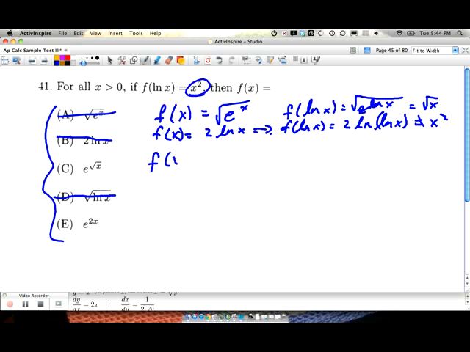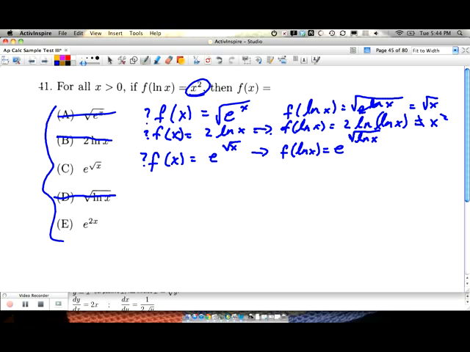So first we check c. We have f of x equals, first of all, these are questions. We don't know. We're checking. If f of x equals e to the square root of x, then f of natural log of x is going to be equal to e to the square root of natural log of x, or natural log of x to the 1/2.